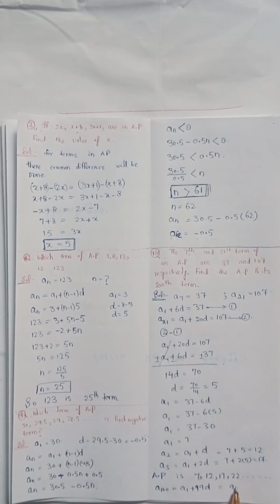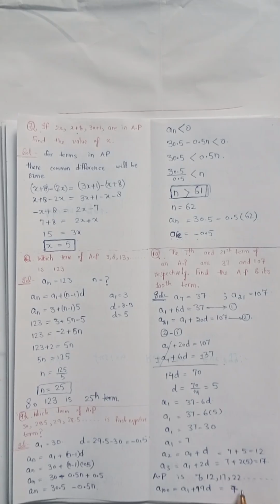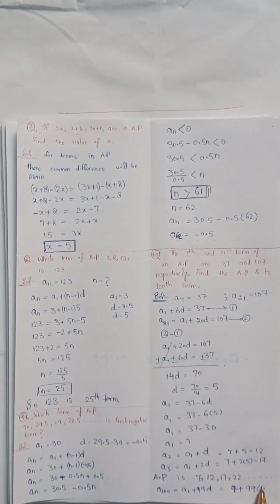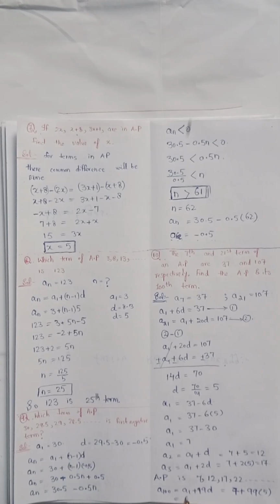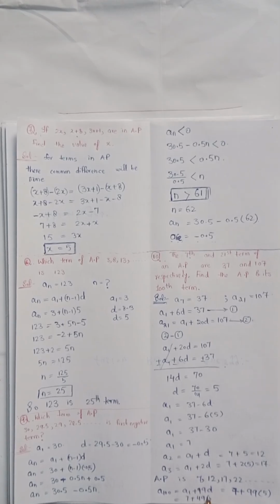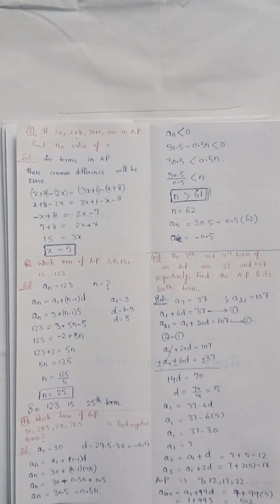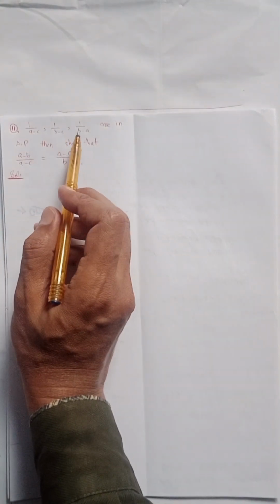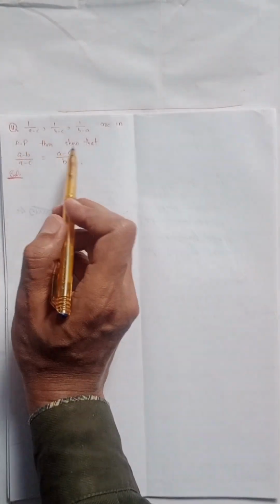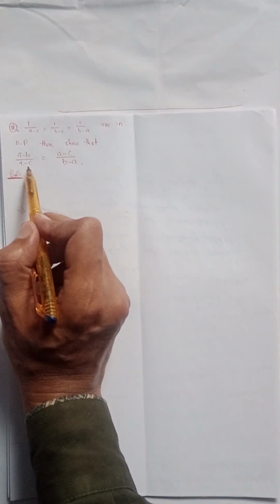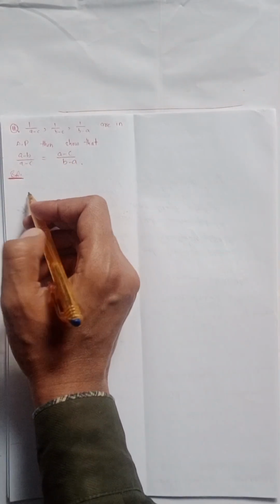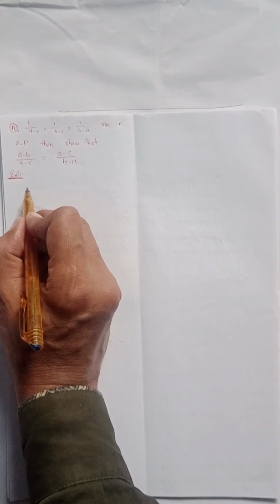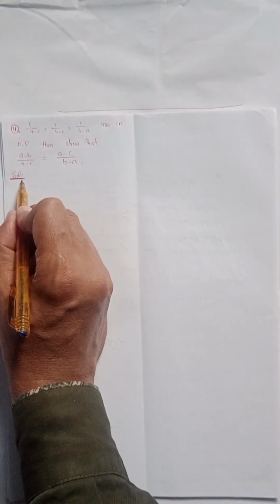If 1 over a minus c, 1 over b minus c, 1 over b minus a are in arithmetic progression, then show that a minus b over a minus c should be equal to a minus c over b minus a. So we know that if these terms are in arithmetic progression, then their d will be equal.